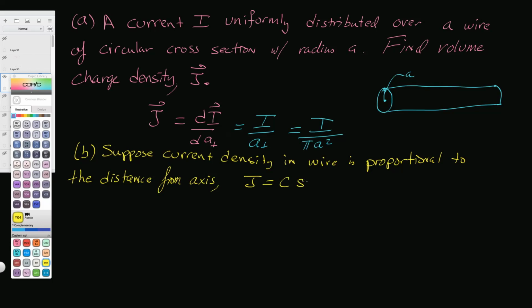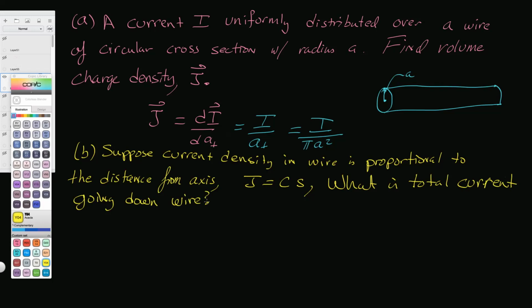We have the same kind of circular cross-section wire, but now the current density is not constant like in the other case. We want to know what the total current going down the wire is.